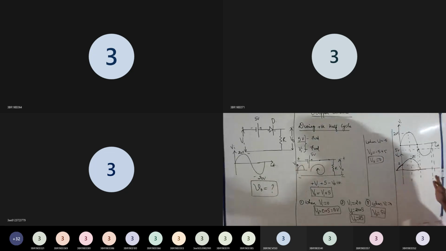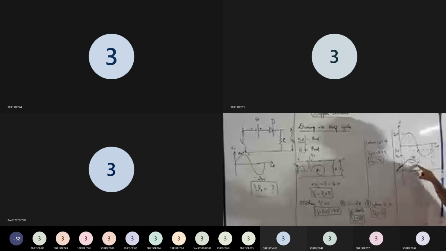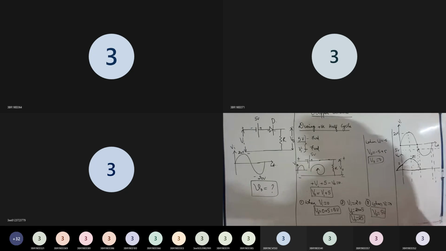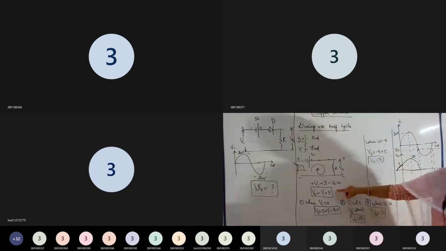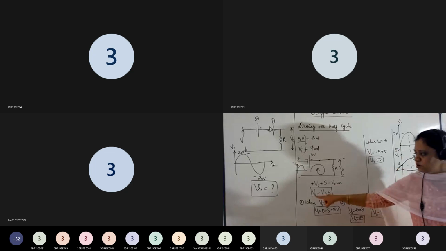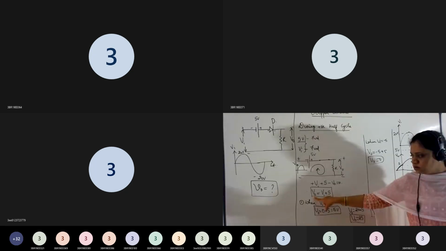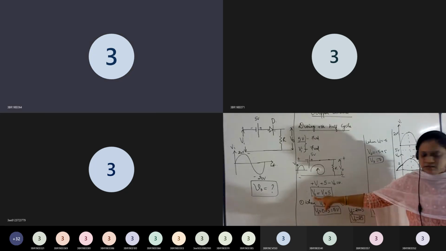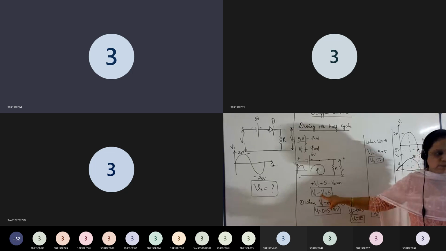V naught has not crossed 0, right? It is 5, 25, and here also it is 5. According to this equation, V naught is Vi plus 5, no? So mathematically, V naught is 0 when Vi is minus 5.